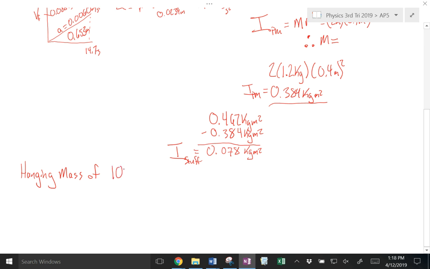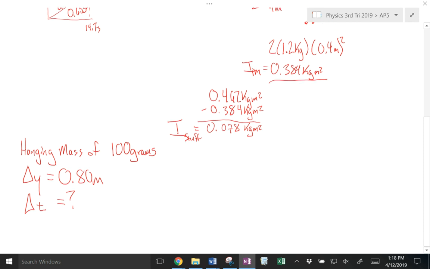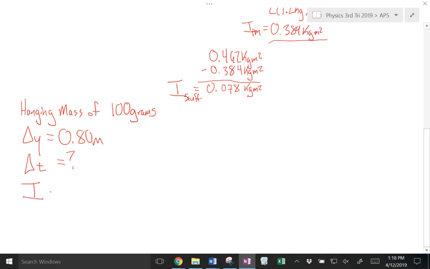Let's go with a hanging mass of 100 grams and a delta Y of 0.80 meters, 80 centimeters. How much time will that take? Given that the moment of inertia of the stuff is 0.078 kilogram meters squared. So that's what I'd like you to ponder with your frienderinos.